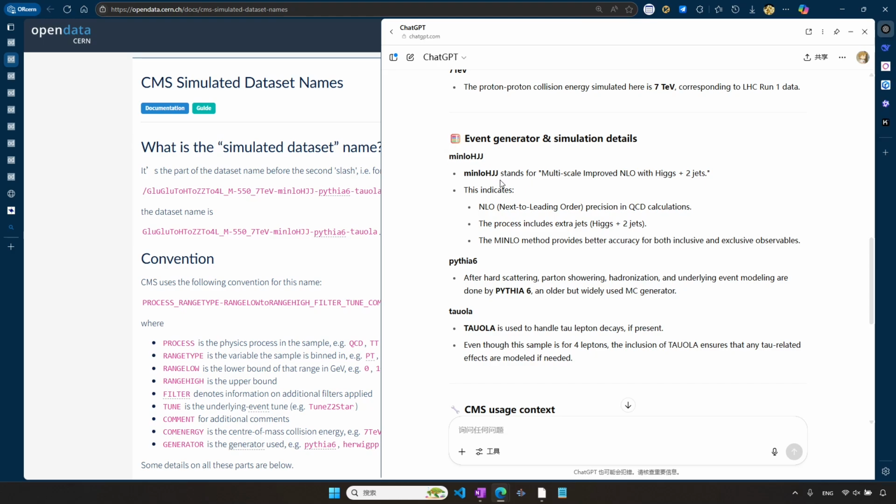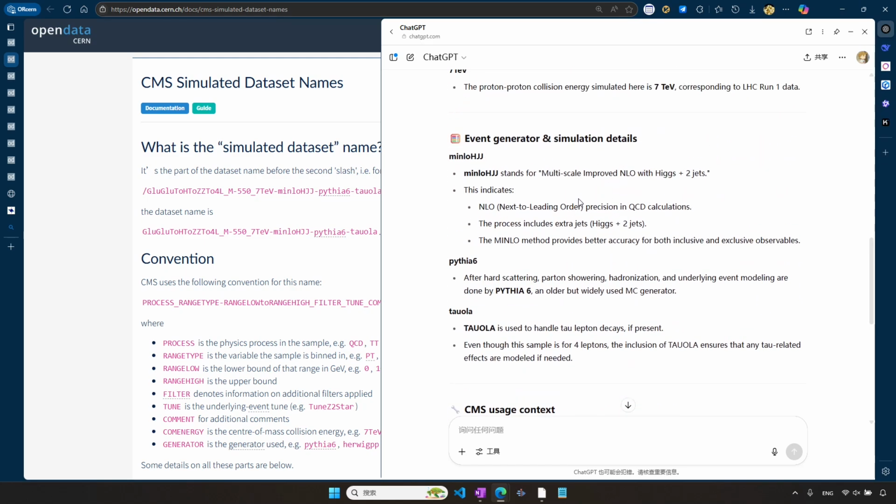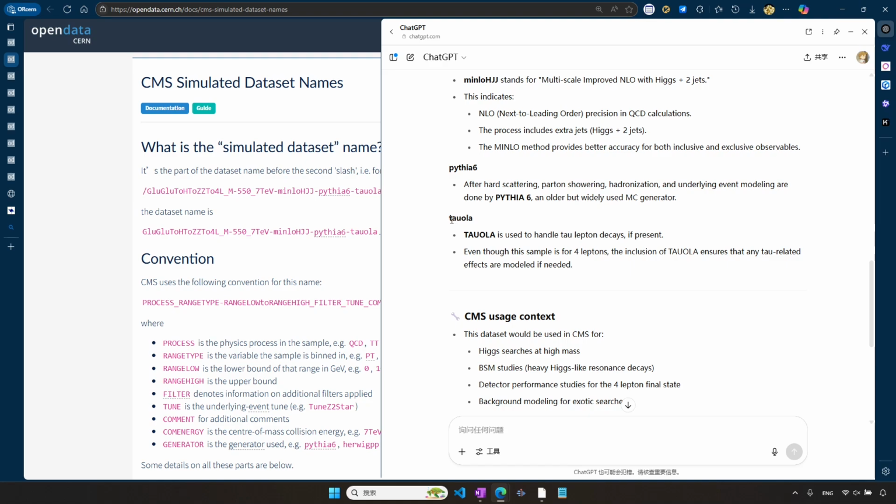MiNLO HGG stands for multi-scale improved next to leading order with Higgs plus 2 jets. It's a complicated idea. Complicated meanings. And Tauola handles tau lepton decays.